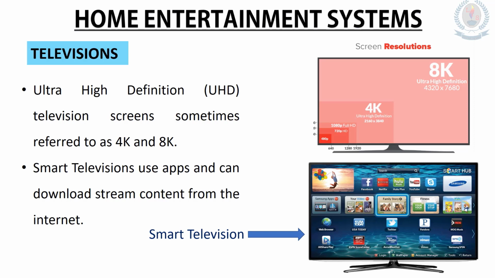In this picture also you can see different levels of screen resolutions. Usually televisions come up with inbuilt speakers for the sound production. Most modern televisions can be connected to an external sound system to improve their sound quality. Smart televisions use apps and can download and stream content from the internet.